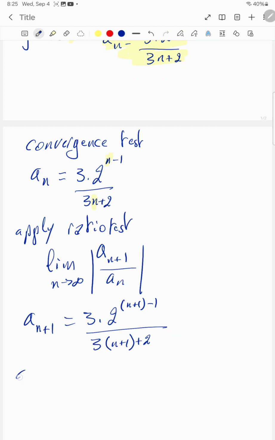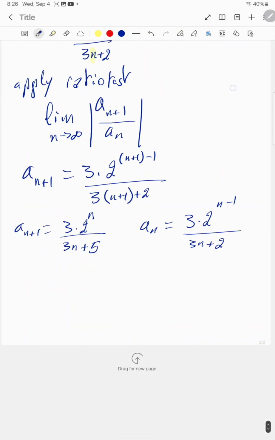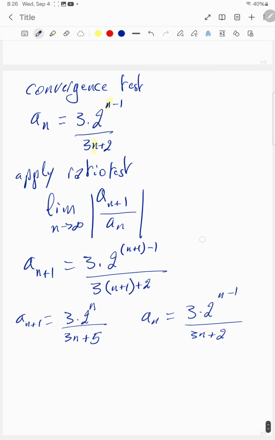So an plus 1 is equal to 3 times 2 to the power of n, divided by 3n plus 3 plus 2, which is 3n plus 5. So this is the an plus 1, and I know my an is equal to 3 times 2 to the power n minus 1 divided by 3n plus 2. And now let's find the limit of the ratio.